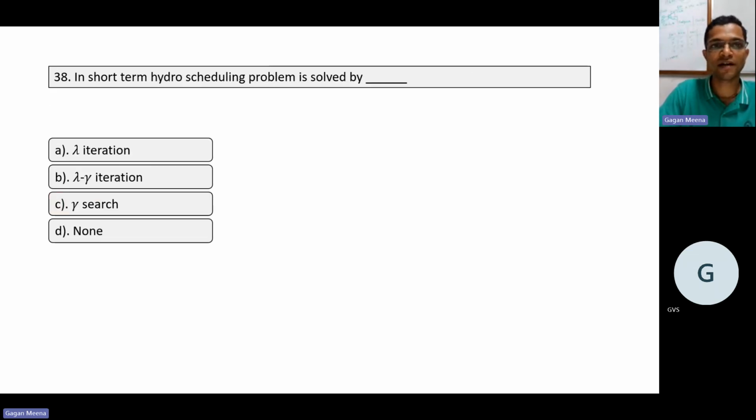In the short term hydro scheduling problem, it is solved by lambda gamma iteration. In hydrothermal scheduling, as we have discussed earlier also, minimize f of x subject to g of x equality constraint and inequality constraint. We have this lambda and gamma.